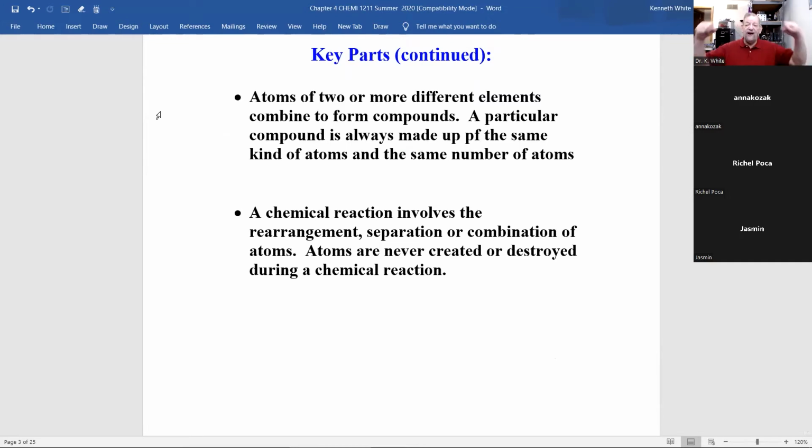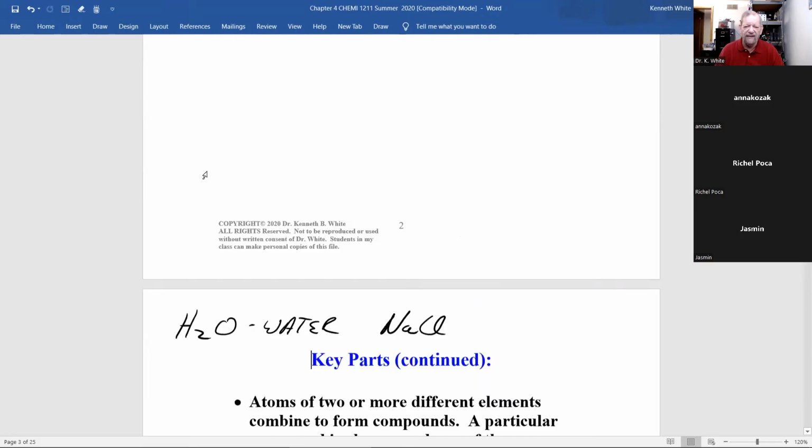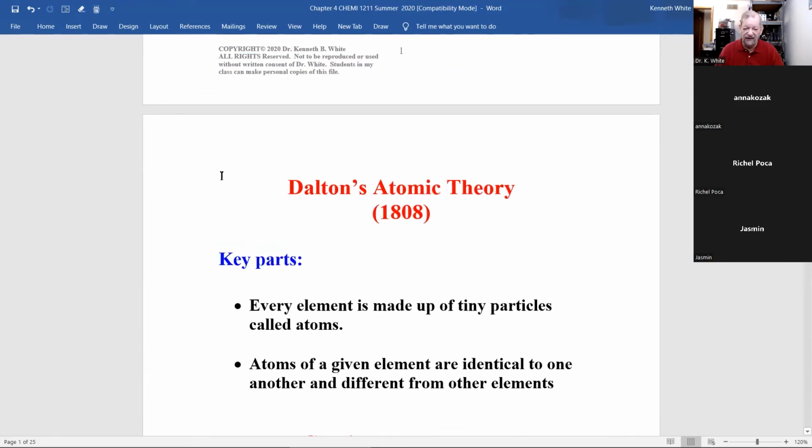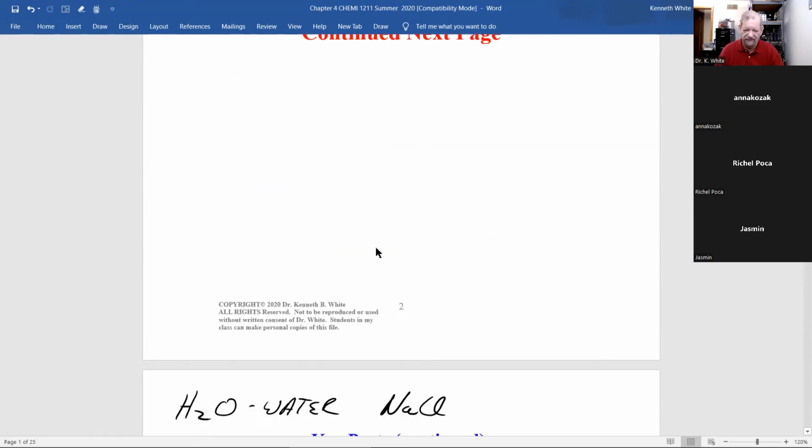When you react two compounds together, you do not create or destroy atoms. They're just connected differently to different atoms of the molecules or whatever you're reacting. So that's Dalton's atomic theory. And this was 1808.